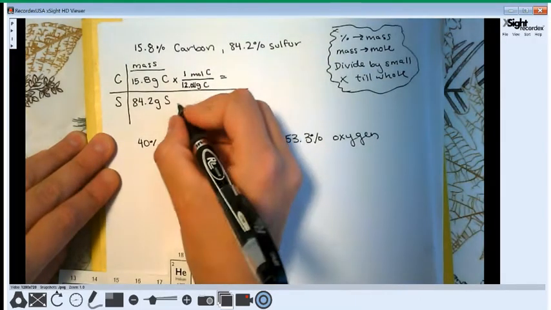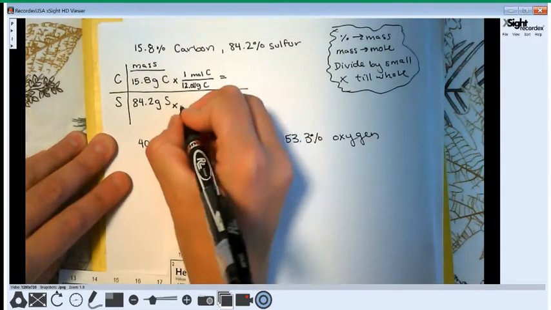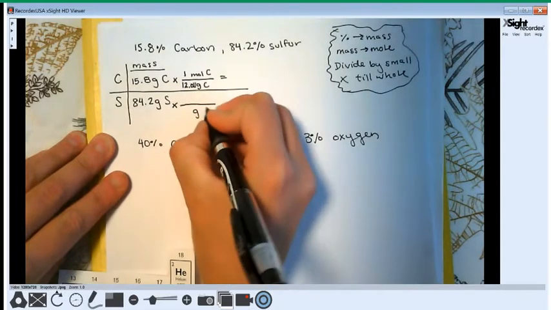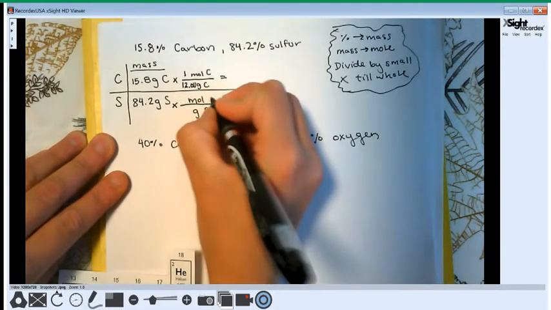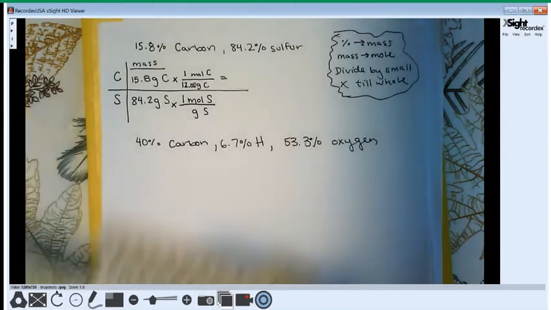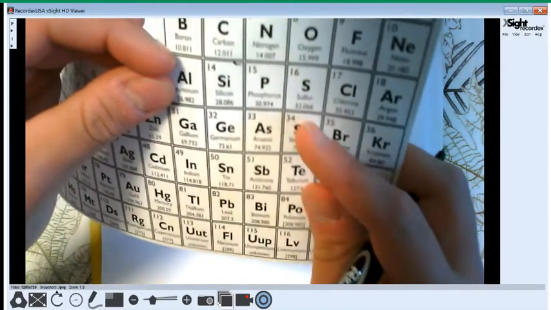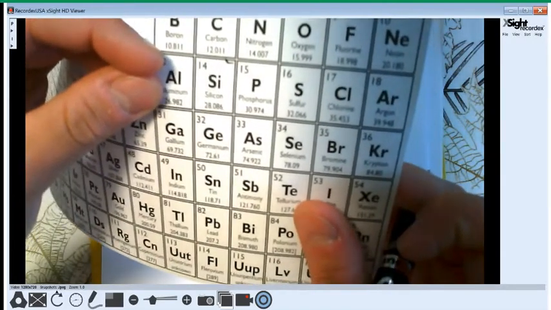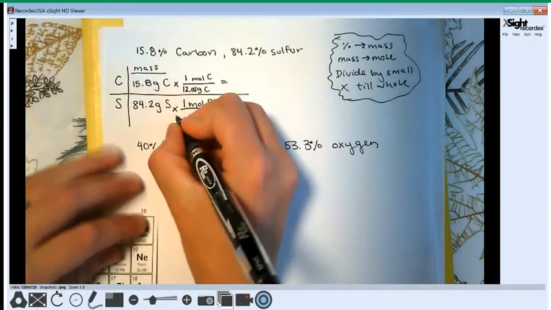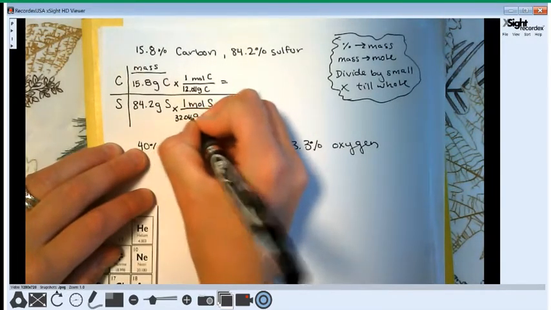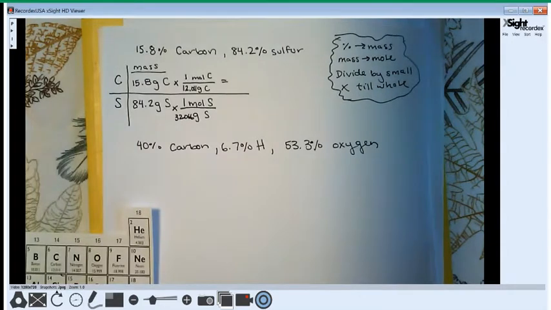I'll do the same for sulfur, grams of sulfur to moles of sulfur. 1 mole of sulfur is equal to 32.066 grams.